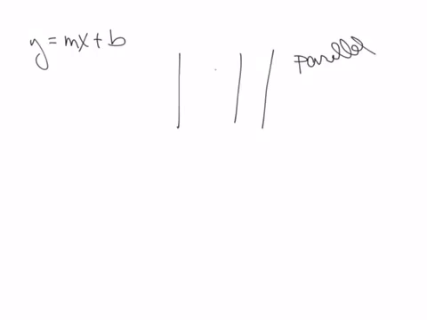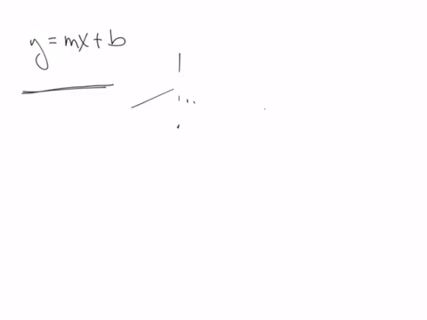They're going to cross at one place like that, and they will have one point in common with each other, and that's pretty much it, except for the fact that one line can lie on top of the other line, and then they have all the points in common. So those are your three options for what two lines can do. And we're going to look in particular at two parallel lines today.